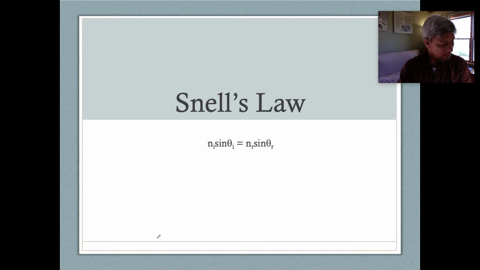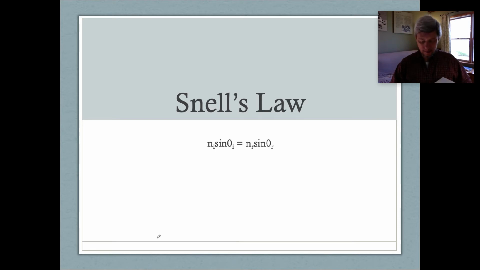It turns out that a guy by the name of Joe Snell came up with what is today known as Snell's Law. This states that the absolute index of refraction of the incident substance times the sine of the angle of incidence is equal to the absolute index of refraction of the refracting substance times the sine of the angle of refraction.